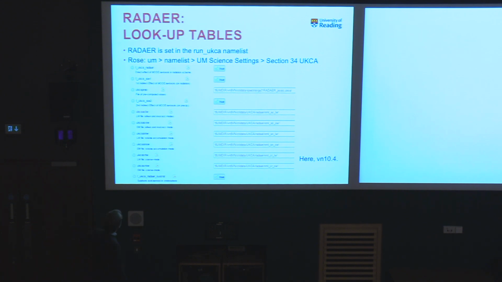You see that you've got lookup tables for the accumulation and coarse mode in the shortwave and in the longwave, and this is where they are stored. For most of you, it's just a black box, but next time you end up on that page and wonder what those files are, this is exactly what they are: lookup tables of aerosol optical properties for RADAER.